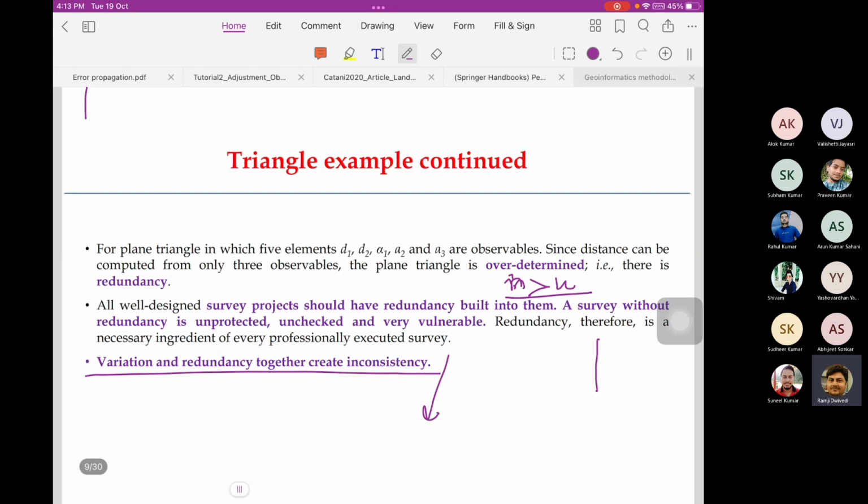You follow redundancy in your daily life. That is what we are talking about here. But redundancy should not create inconsistency. We have to form a mechanism or understand an approach through which we can get a consistent solution. That is our job. Okay.